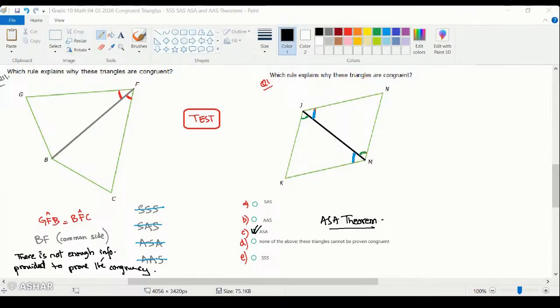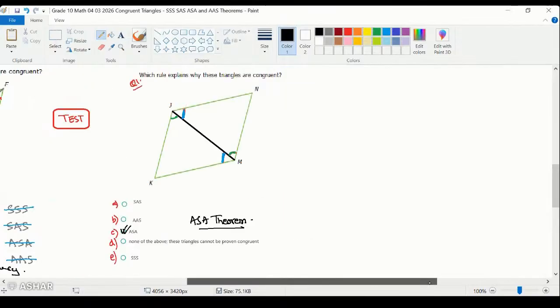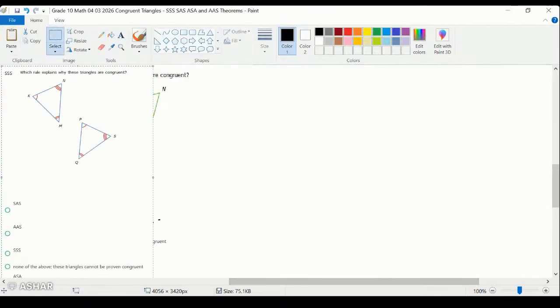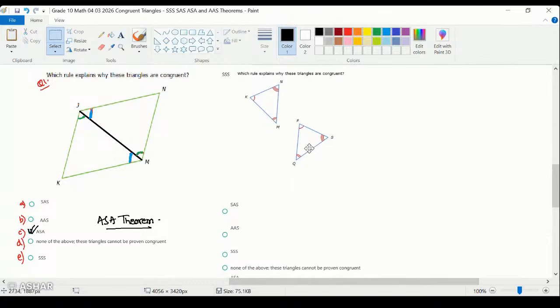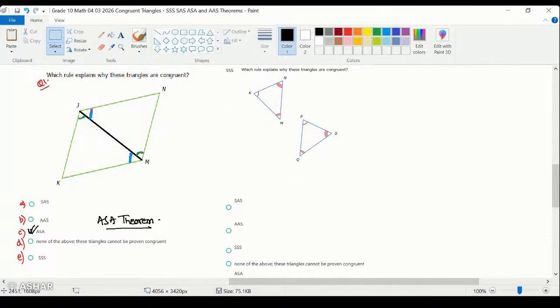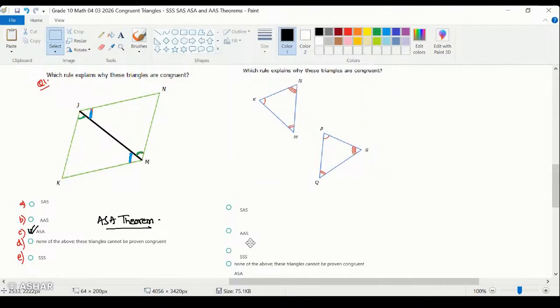Let's try one more example. In the next question, question number 2, this is the information that has been provided to us, let's see if we can prove.